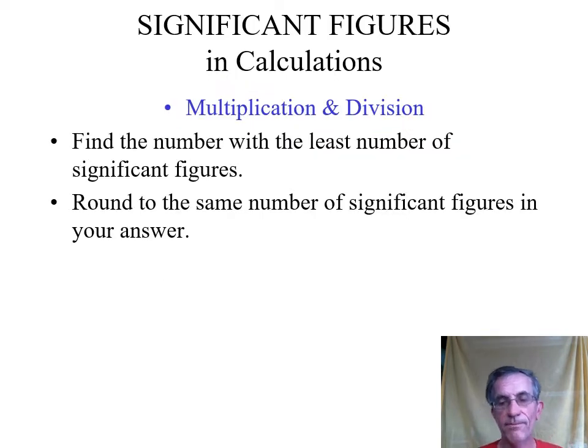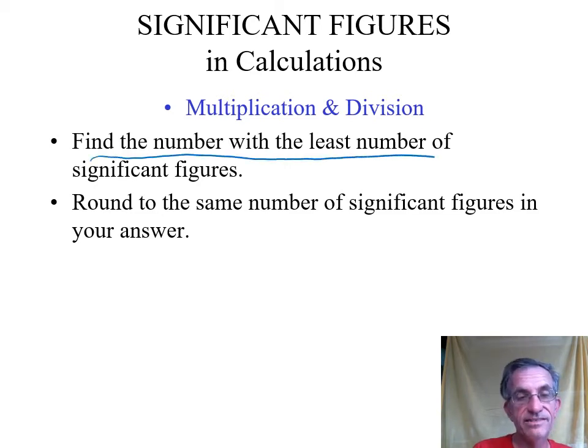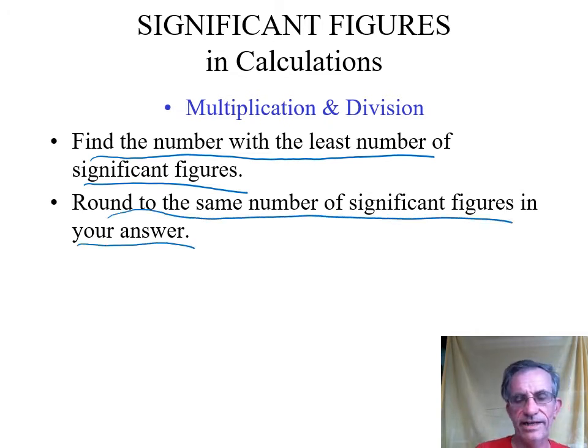If I ask you to do some math problem in this class, and the math involved multiplying or dividing, and I said, that's great, you got the answer, but I need that answer rounded, you would look at the numbers you're given, find the number with the least amount of sig figs, and round to the same number of sig figs in your answer. So find the number that you're using with the least amount of sig figs, round to the same amount of sig figs in your answer.